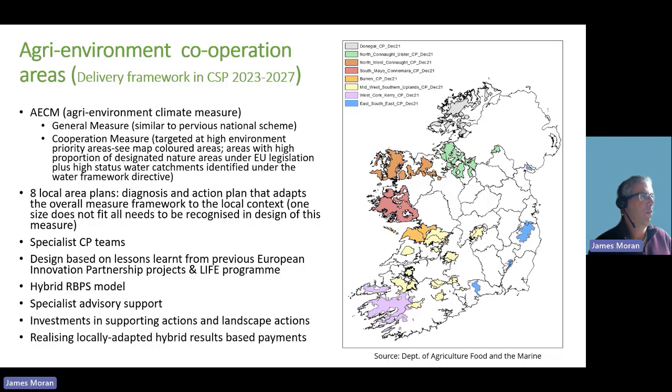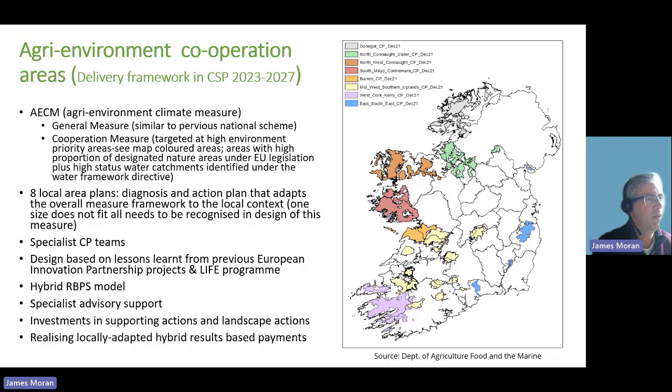But then the cooperation measure is targeted at high environmental priority areas that are dominated by semi-natural vegetation, and also incorporate more than 70% of the waters in the country with high status objectives, and they have a high proportion of designated nature areas under various EU legislation as well.